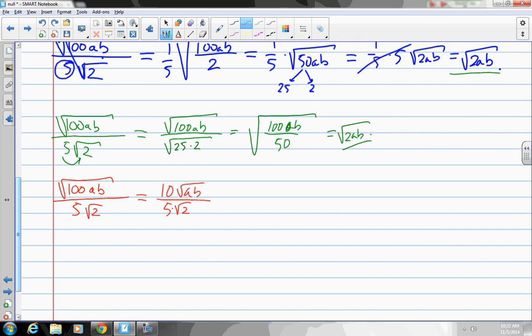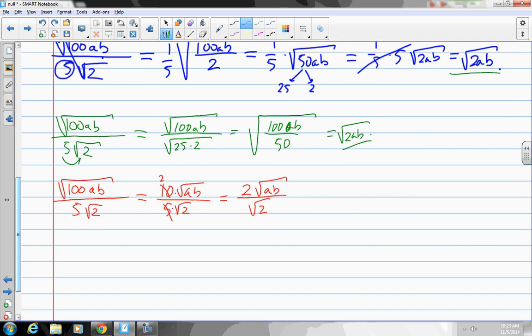Because again, these are products. 5 square root of 2 is 5 times the square root of 2. This is 10 times the square root of ab. So 5 goes into 10 twice. So we have 2 square roots of ab over the square root of 2. But do we get the same answer?